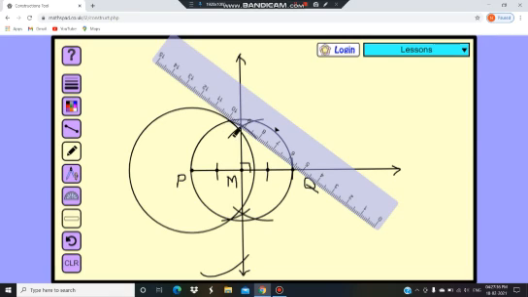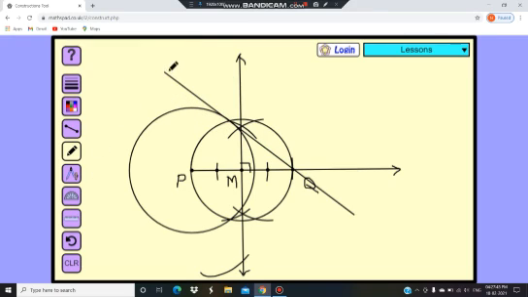Now see, through this point and through the point Q we have to pass one line, and on both sides, this is a line segment, so we have to show the arrow.